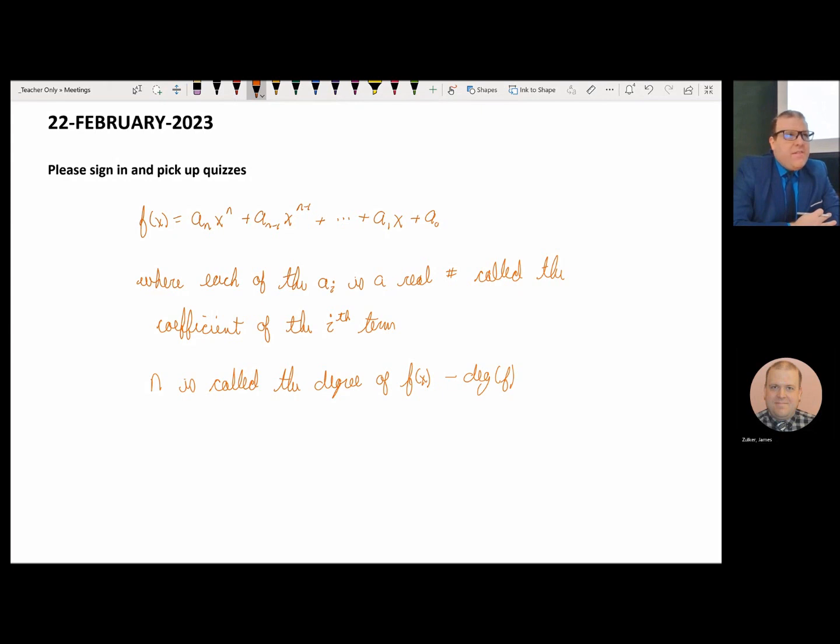n is the degree of f. Just be noted that n is a positive integer.